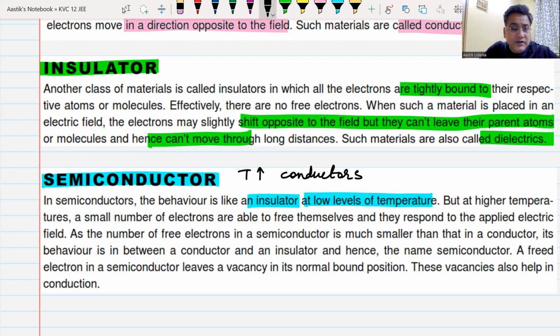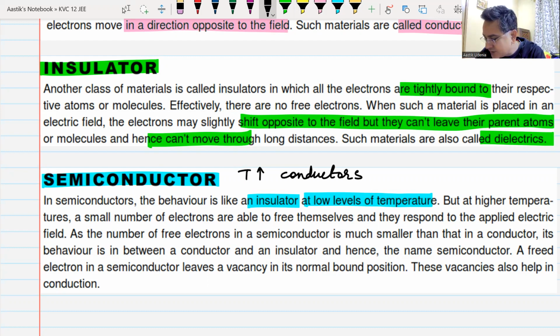We understand these insulators and semiconductors and conductors. Note it down fast, fast, fast. Everyone has noted this down? Noting, sir. Okay.